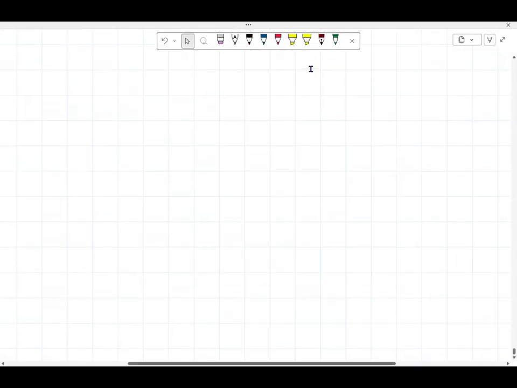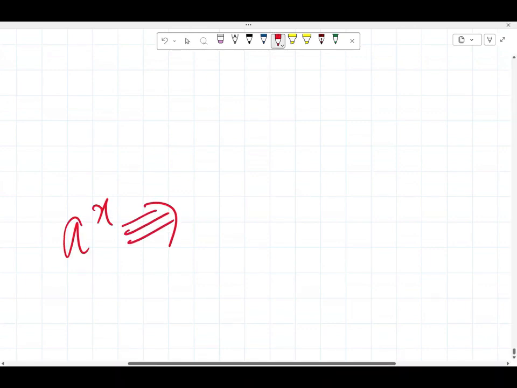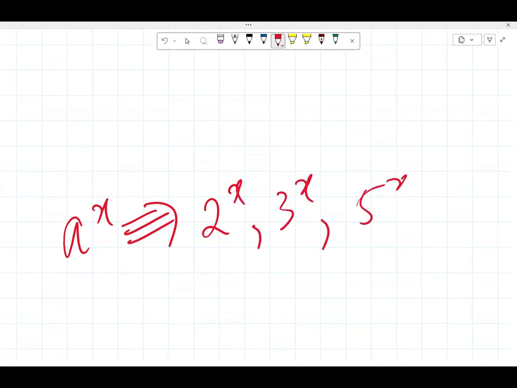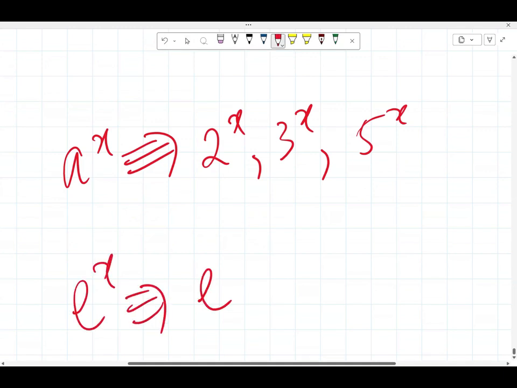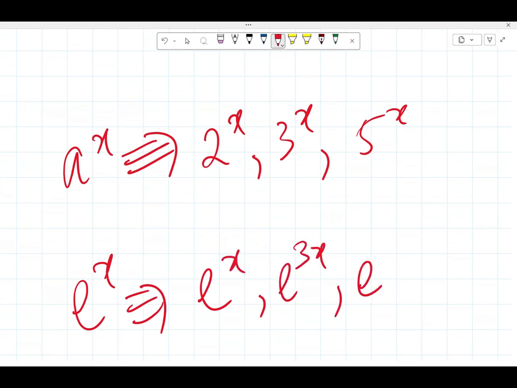Okay. What that simply means is that when you talk about exponents, when you talk about indices, we are used to having things like a raised power x, in the line of say 2 raised power x, 3 raised power x, 5 raised power x, and all of that. On the other hand, we can still have e raised power x, e raised power 3x, maybe e raised power 7x, anything.